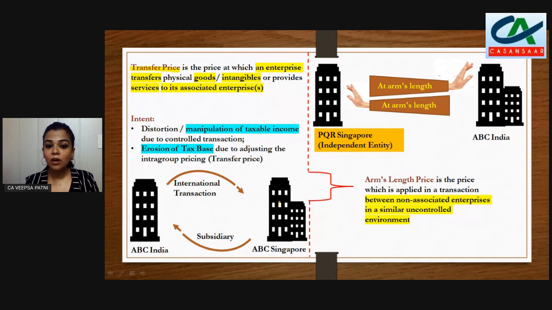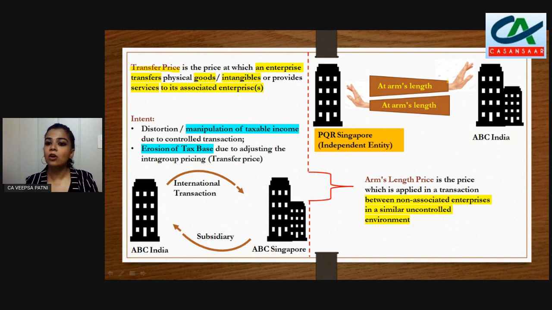Now, the logic of bringing transfer pricing and valuation into the picture was that this transfer price should be similar to the arm's length price. So, what is arm's length price? As I told you last time, arm's length price means any price at which two independent entities transact, because there is no influence of one entity on another.